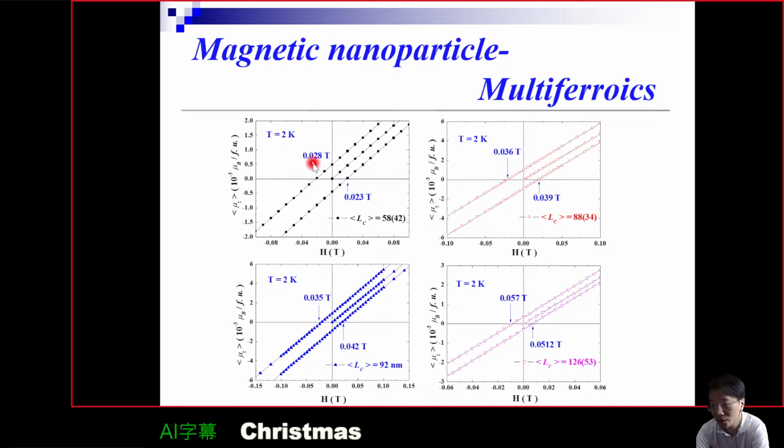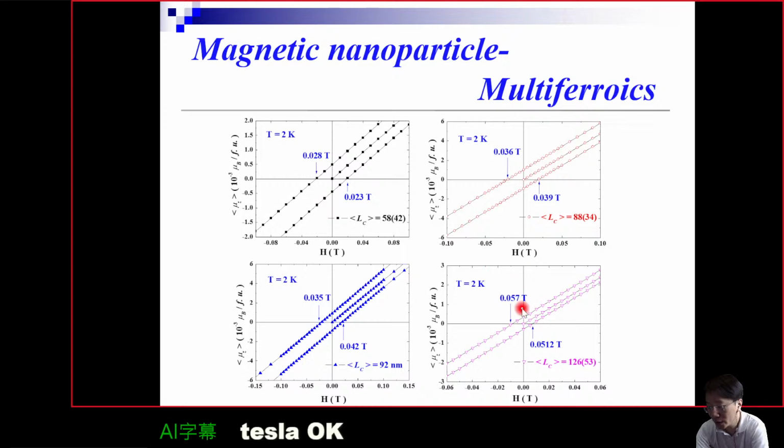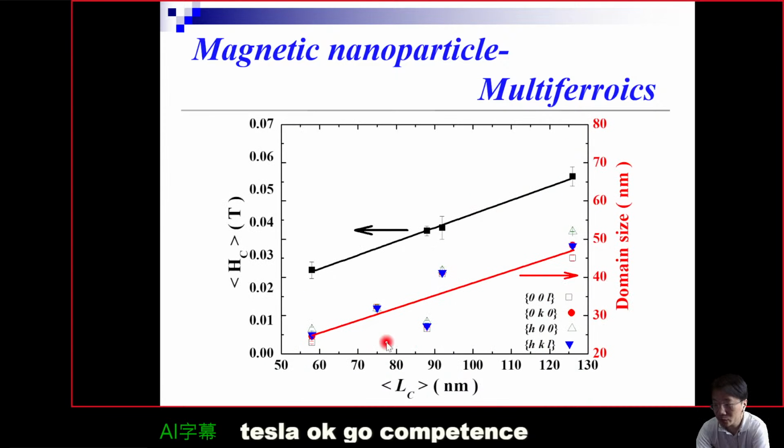So this is 0.028 Tesla, and it will increase with size until 0.057 Tesla. Okay, that would be quite small compared to those hard magnets. But at least we know its coercivity is proportional to its domain size.